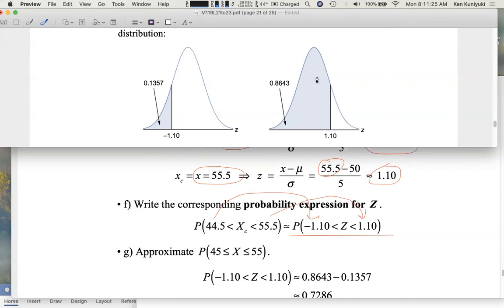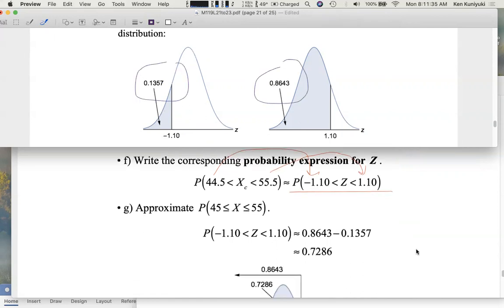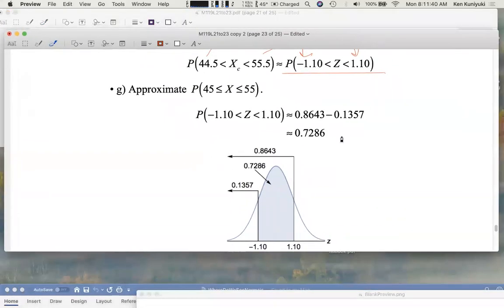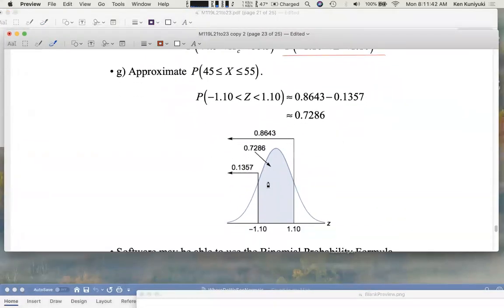All right, so I have this big area. I have this small area. This looks like an in-between area or probability. So what do I do with these probabilities? I subtract them. Because what I want is this blue shaded area in the middle. In order to get that, I want the probability to the left of positive 1.10 and the probability to the left of negative 1.10.